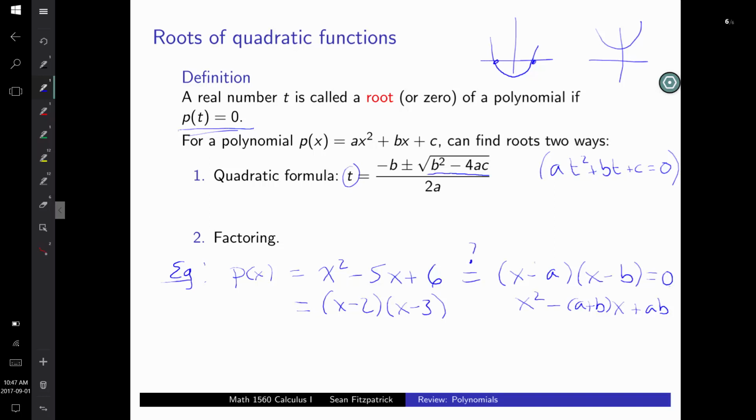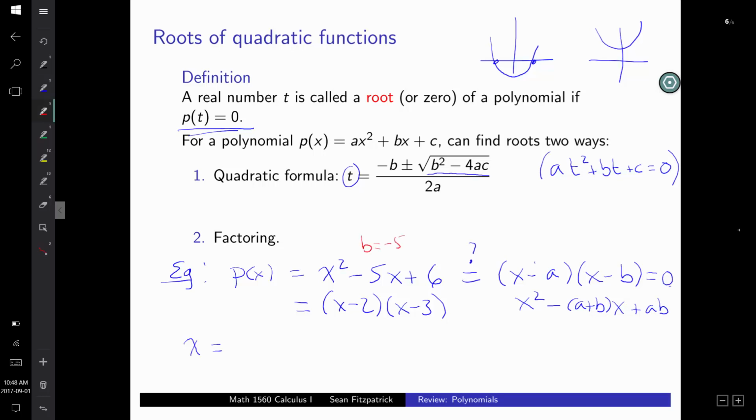If I try to do that with the quadratic formula, that works too. The quadratic formula would say that x should be... X should be what? B is, in this case, minus 5, right?